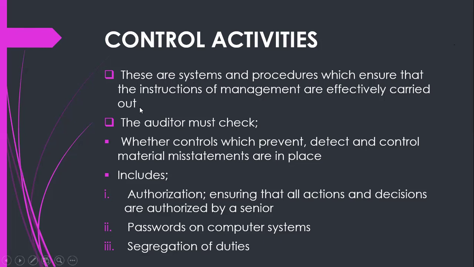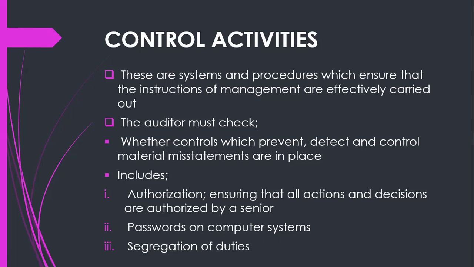The instruction that you give to those stock takers is for them to count the inventory accurately. They're also humans, so they can make mistakes. By putting in place a control which verifies the amount of inventory that has been counted, we are going to reduce the amount of error with regards to the inventory counted, right? So those are control activities.